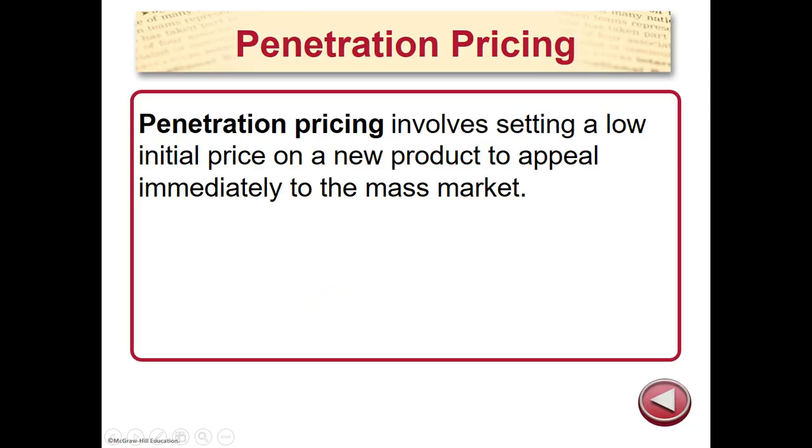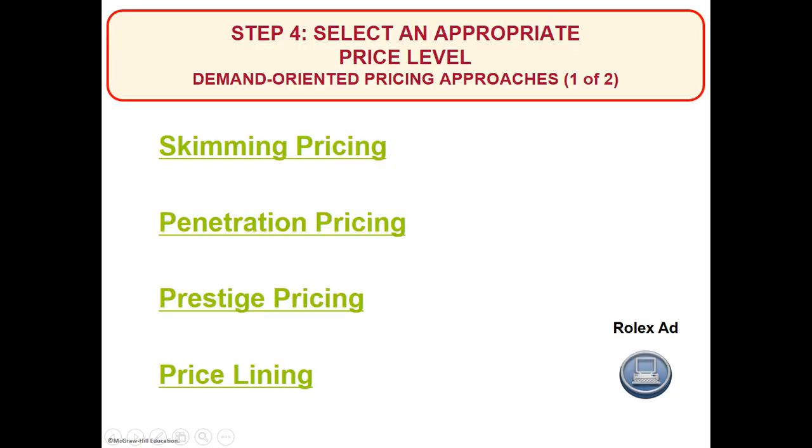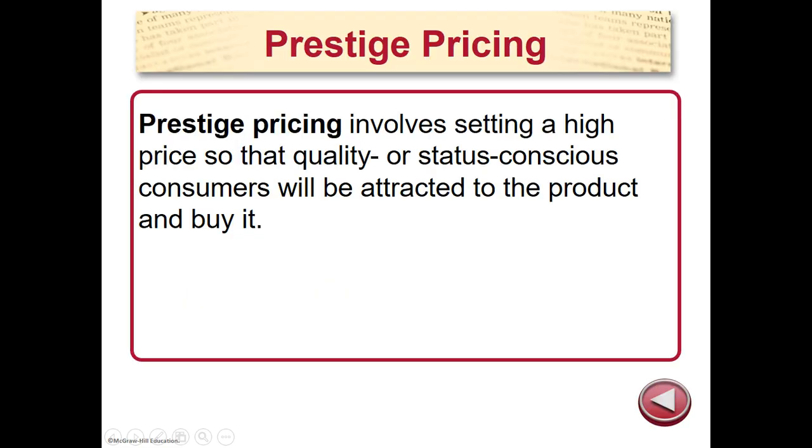Then there's penetration pricing. Penetration pricing involves setting a low initial price on a new product to appeal immediately to the mass market. They don't want to make too much money on each one, but they want to make money from a lot of people. So it's the mass market, which is why it's called penetration pricing. There's also prestige pricing, which involves setting a high price so that quality or status conscious consumers will be attracted to the product and buy it.